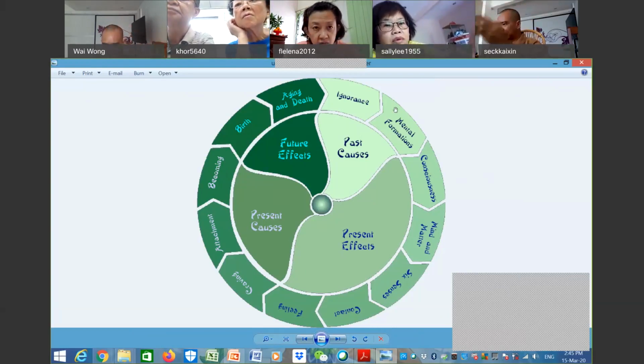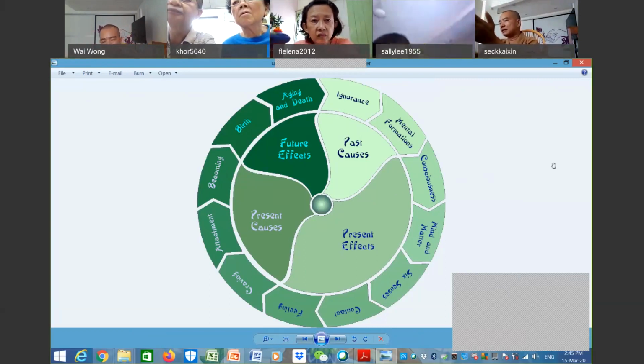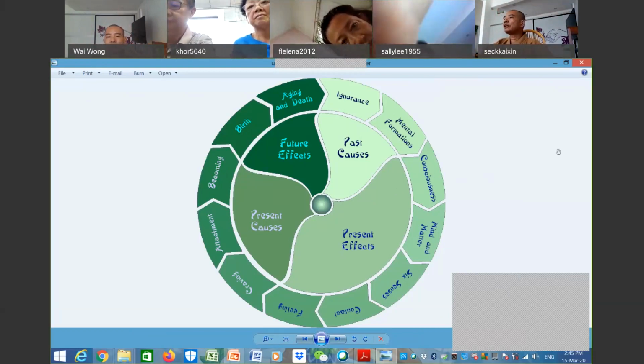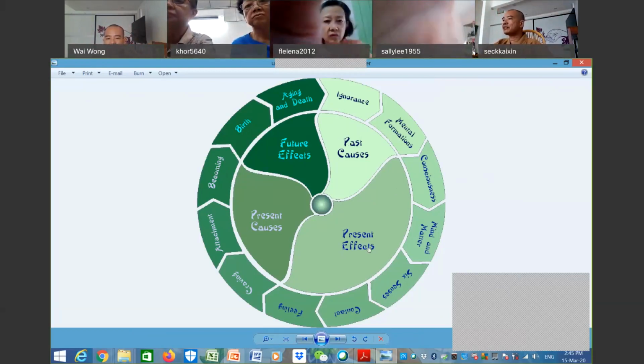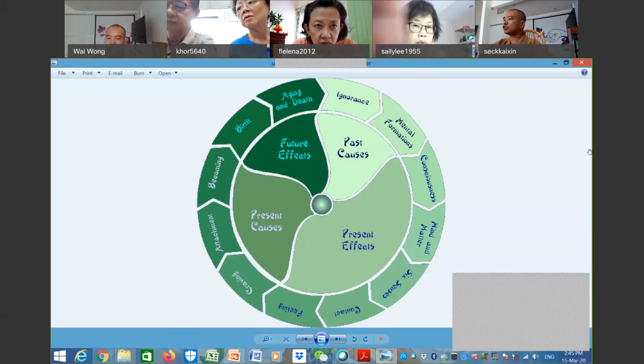Please draw the diagram since you have memorized the 12 elements, somewhere in your books. The point is the past cause and present effects, and present causes and the future effects. This is very, very important in the three vehicle teaching.